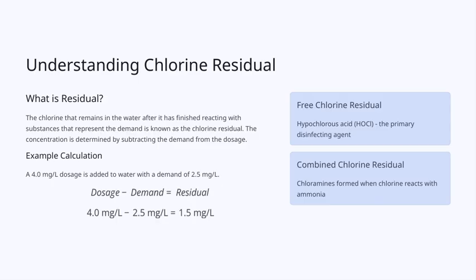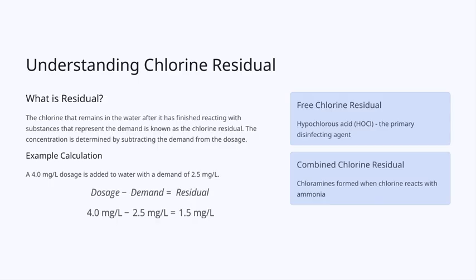To find out how much residual chlorine there is, we subtract the demand from the initial dosage. For example, if we add a dosage of 4 milligrams per liter, and the demand is 2.5 milligrams per liter, then the residual chlorine would be 1.5 milligrams per liter. This remaining chlorine is what continues to disinfect the water as it travels through the system.